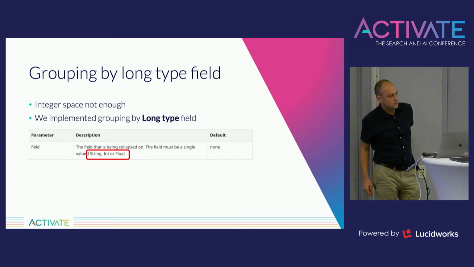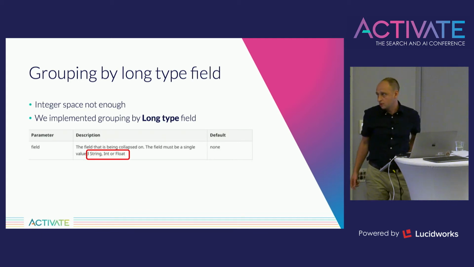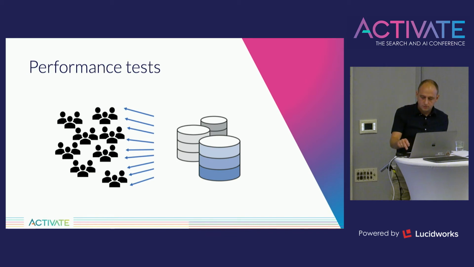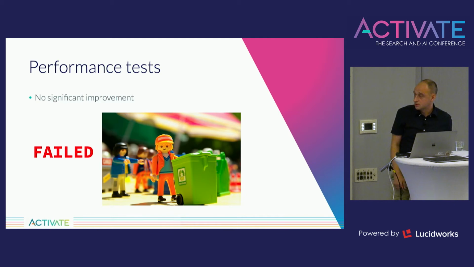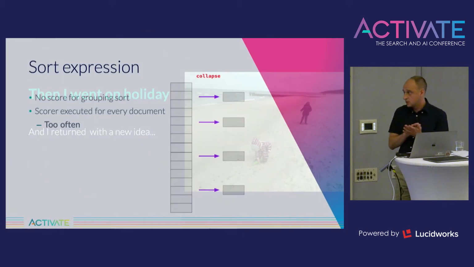And we found that the collapsing query parser given by Solr only allowed to group documents by a field of type string, integer, or float. And so we implemented in this collapser grouping by long type field, and ran a performance test for this change. But unfortunately, we did not see any significant improvement. And at that time I went on holiday and returned with a new idea.